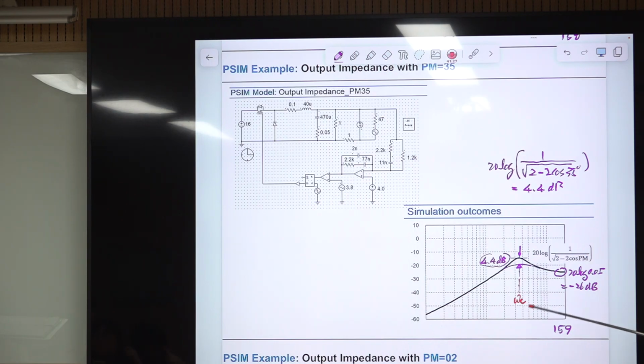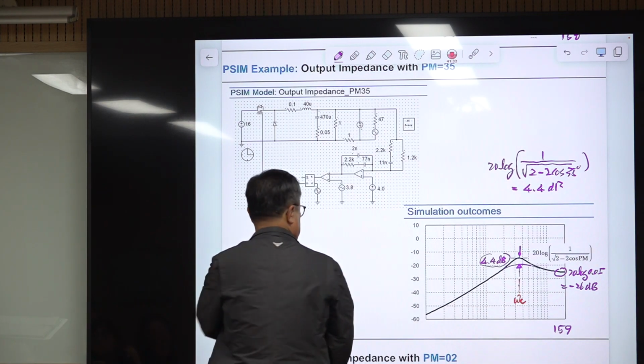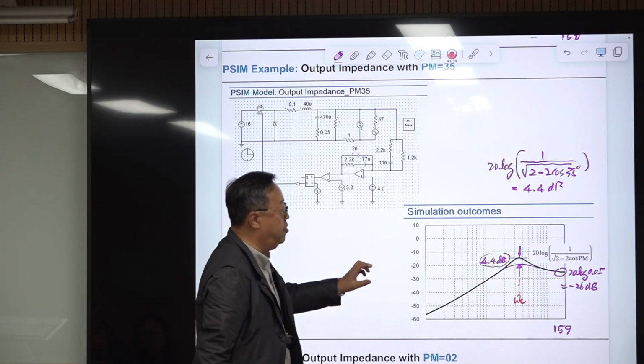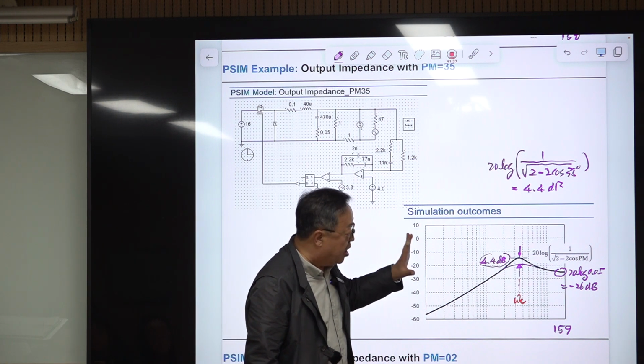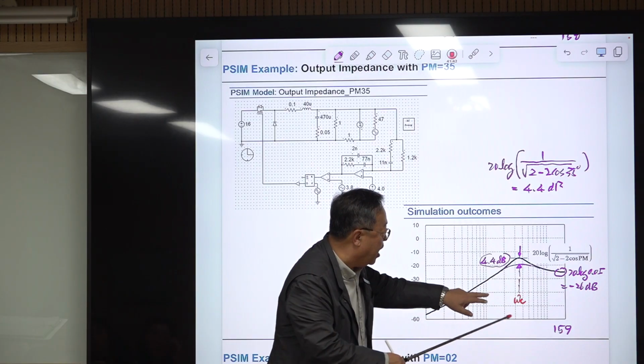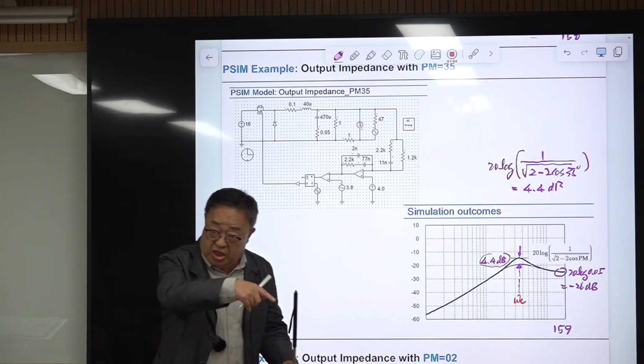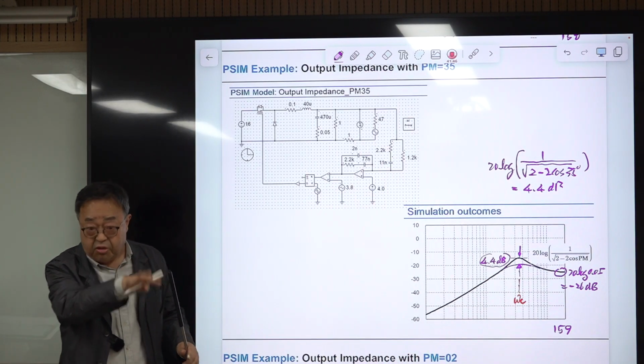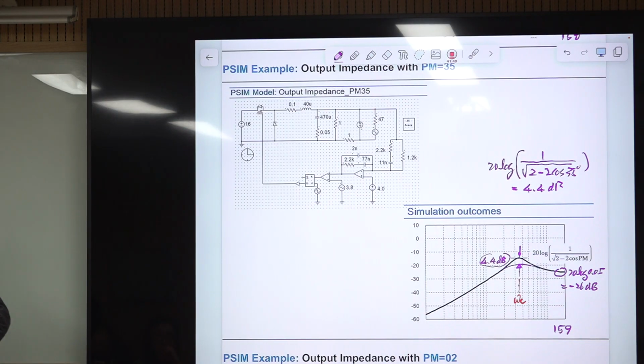This is the oscillation frequency of the step load response. So there are at least 3 pieces of information: loop gain crossover frequency, phase margin, and the decaying oscillation frequency at the step load response. That information is all available from this plot.